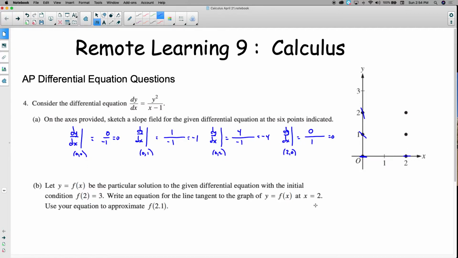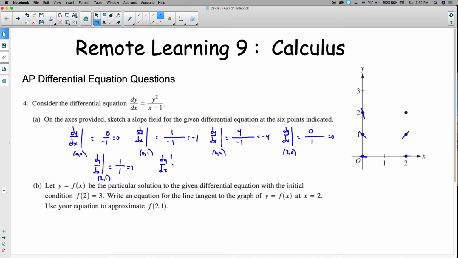And at 2, 1, let's see, so 2 comma 1. And what do I get? 2 for x puts a 1 down bottom, and that's a 1 on top for a slope of 1. My guess is this is going to be positive 4, but let's just see it happen.